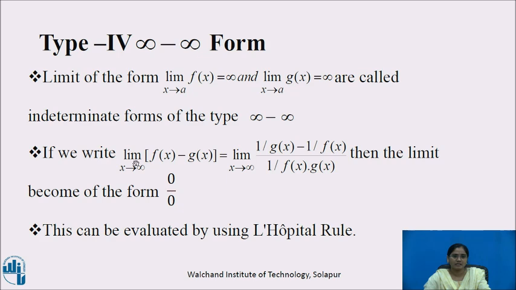If we write limit x tends to a f of x minus g of x as limit x tends to a (1 upon g of x minus 1 upon f of x) upon (1 upon f of x into g of x), then the limit becomes of the form 0 by 0. Means whenever you see the indeterminate form of infinity minus infinity type, you need to use some algebra to express that infinity minus infinity type in terms of 0 by 0 form. And this can be evaluated by using L'Hospital rule.